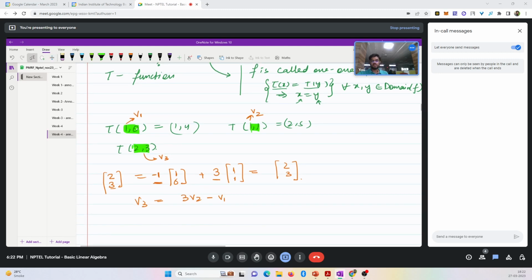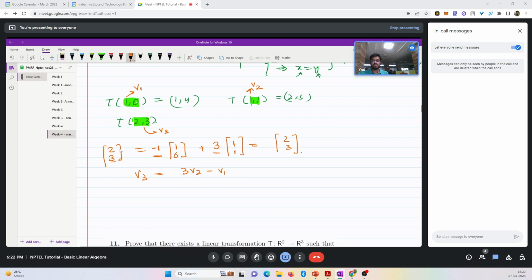Then what do we want to find? We want to find T of v3, which is equal to T of 3v2 minus v1, which is again equal to 3 times T of v2 minus T of v1. Now we know T of v1 and T of v2, so just put them over here. This is 3 into 2, 5, minus 1, 4.